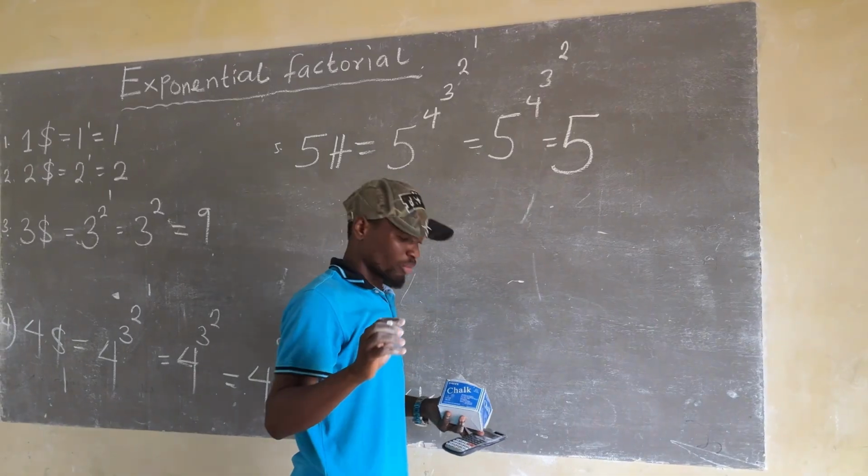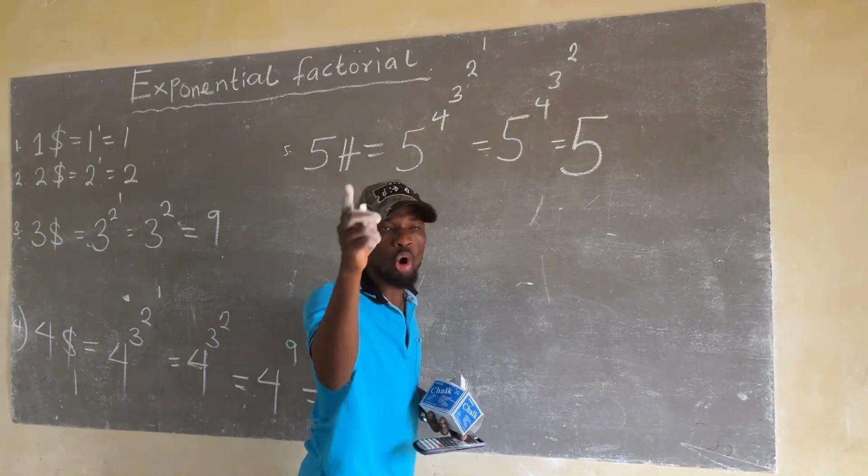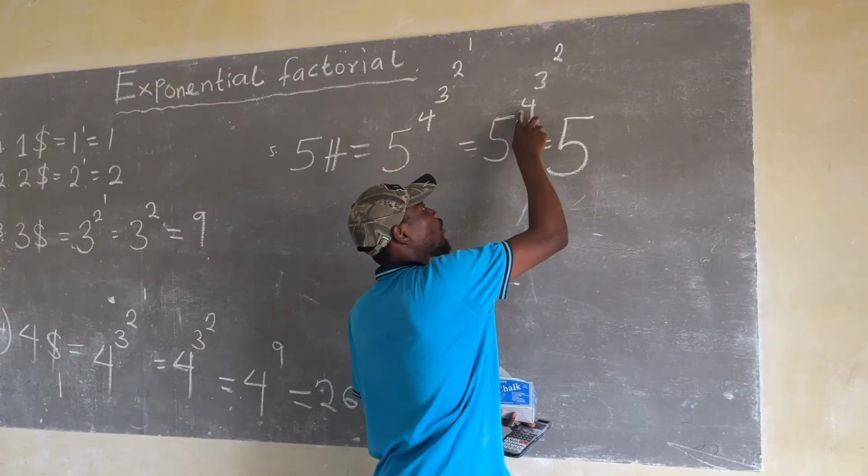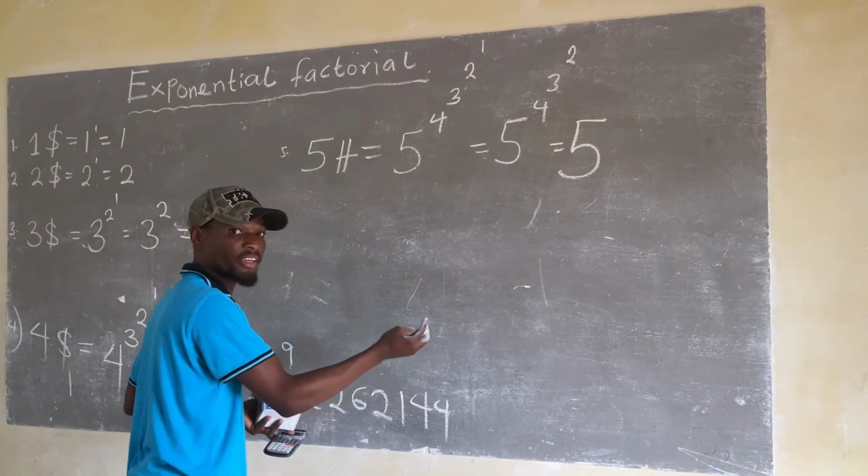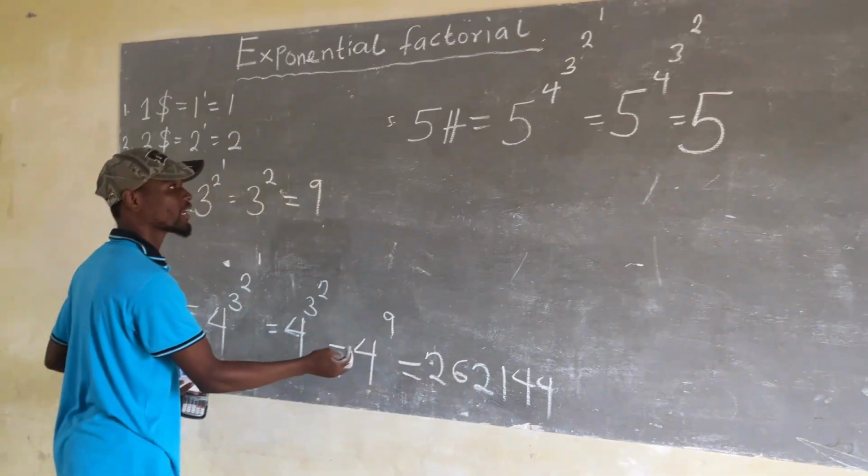But viewers, we shouldn't worry at all. Why? Because we have already worked out 4 to the power 3 to the power 2. Come with me over here. We have it over here, class.